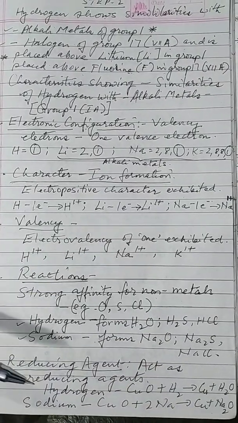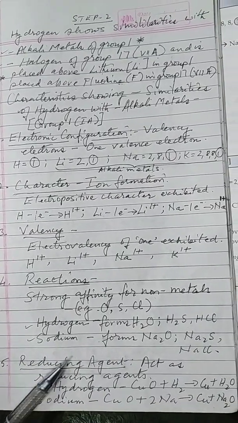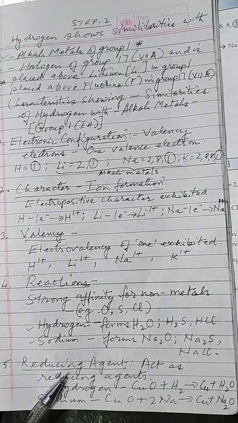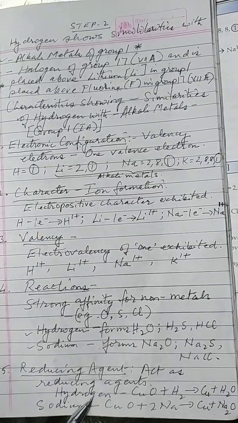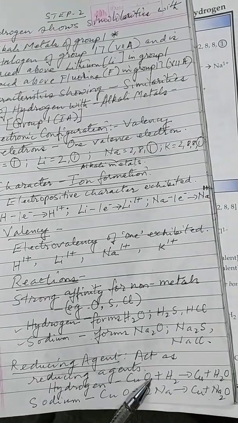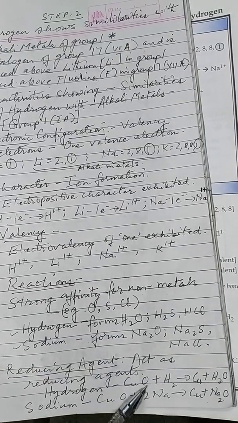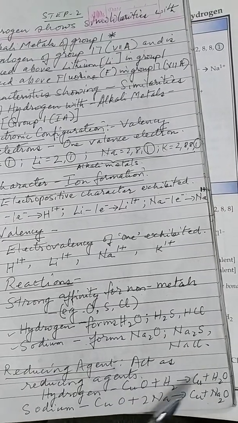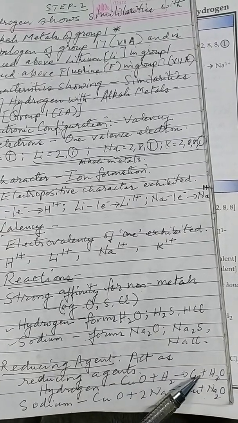Likewise, we see that it also acts like a reducing agent. For example, hydrogen in copper oxide. When hydrogen gas is passed, we see that hydrogen gets oxygenated to form water and copper is reduced.